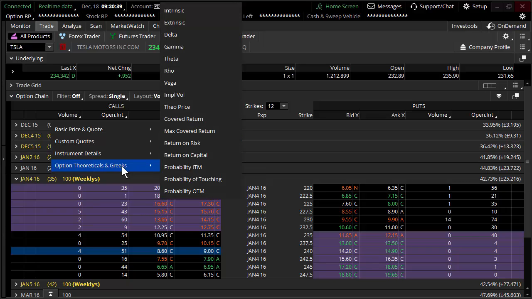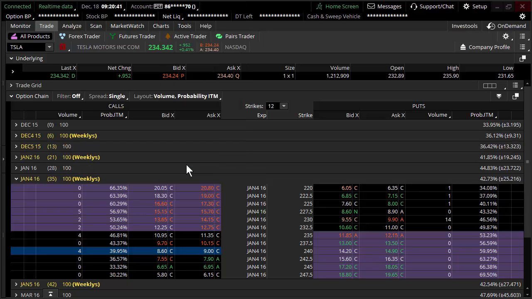I'm going to go down to options, theoreticals, and Greeks, and go to probability in the money. If you buy, for example, these 240 calls, and I'm going to highlight this, that ultimately is your probability, not of making money. It's about a 40% chance that these 240s are even going to be in the money.